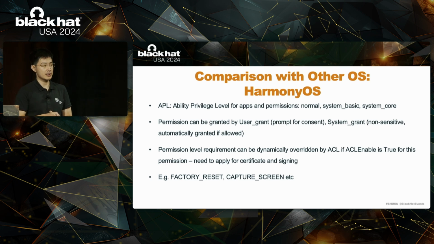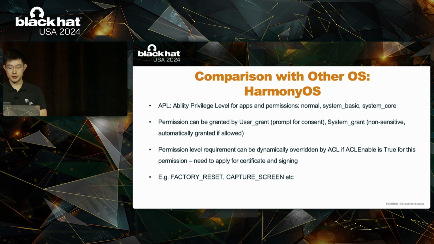And the permissions can be granted in two ways, user grant and system grant. The user grant means that this permission needs to prompt for the user's consent, and the system grant means that this is a non-sensitive permission and it can be automatically granted if allowed.